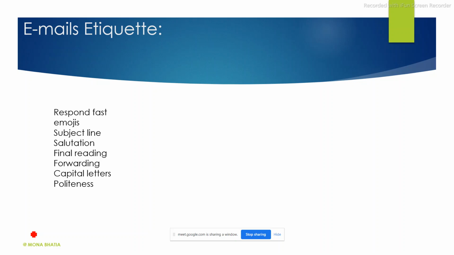No matter how much anger you have in your mind, never show it in your email. Be firm. If you are not happy, be stern also, but don't use bad words. Sometimes it is very important to give it back to those employees who are not listening to you. So write an email which is very stern, but be polite at the same time.